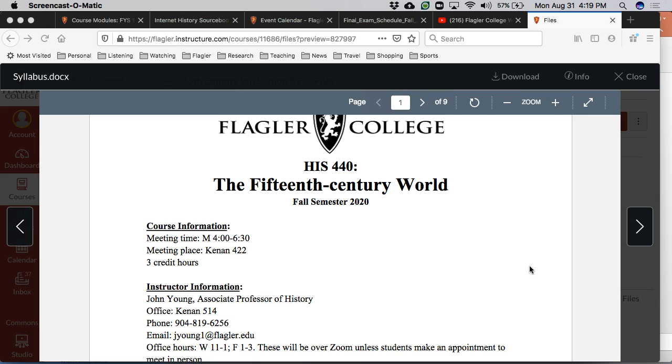So I've tried to mash up those three. There will be substantial reading in here, right? You need to plan on a book a week. The class only meets once a week. You essentially read a book a week. Now there will be stuff in addition to that book, but it will be not optional so much as look at this if you have time, and we will talk about this in class.